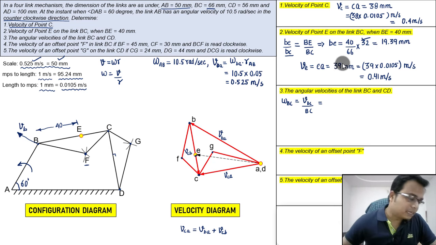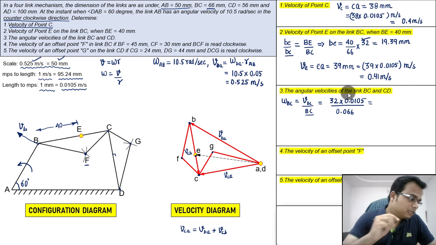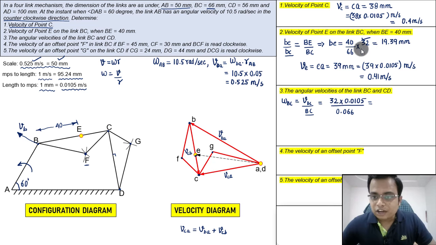That's 32, but it is in millimeters, and in order to convert that into meters per second, you need to multiply that by 0.0105. Now it's converted into meters per second, and this BC is 66 millimeters. Convert that into meters, 0.066, and just do the math. This is going to work out as 5.09. And since this is angular velocity, you need to write radians per second, and that's it.